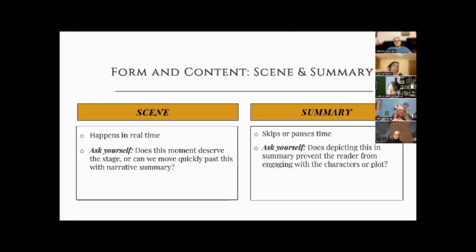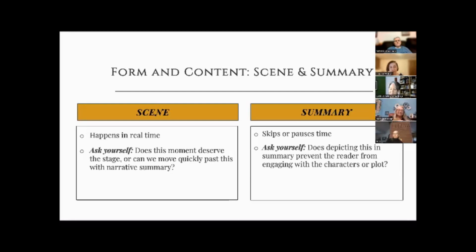There are other techniques as well that you can use, but not as common. So one would be dilation, which is kind of the opposite of summary, where you really zoom in on something. So, for example, if you took 2 pages to describe someone turning their head to the side, that would be dilation, because it takes much less time to turn your head to the side than it does to read 2 pages.